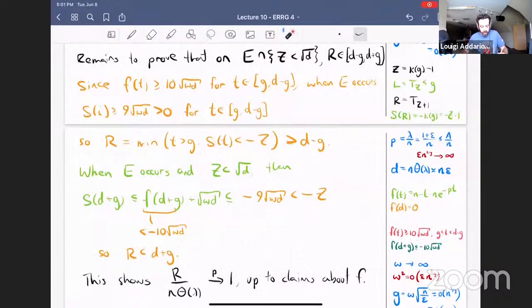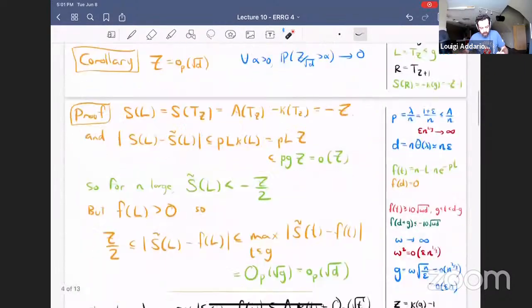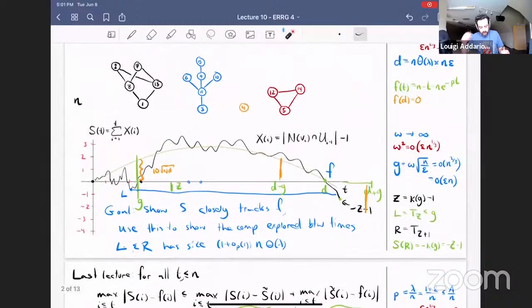But any questions about the structure of the proof before we do that? So really, up to all the technical details, and there were a fair number, what the proof really boiled down to was just getting good control on the error between S and this process F, which it approximately tracks.